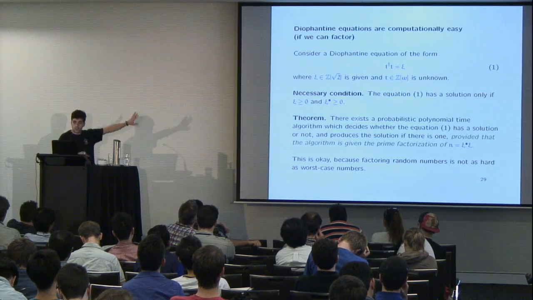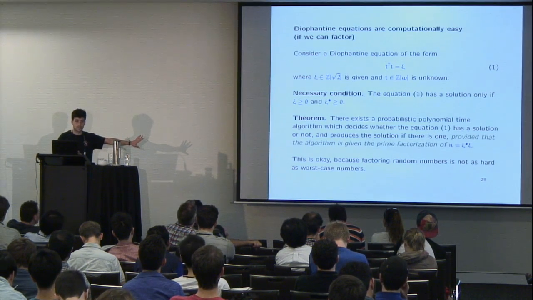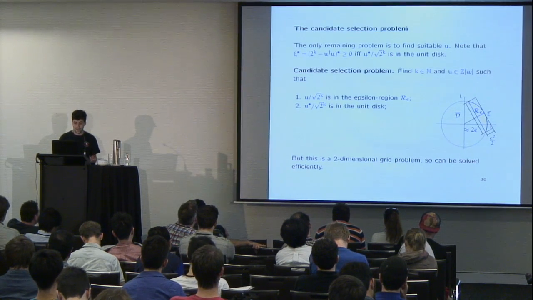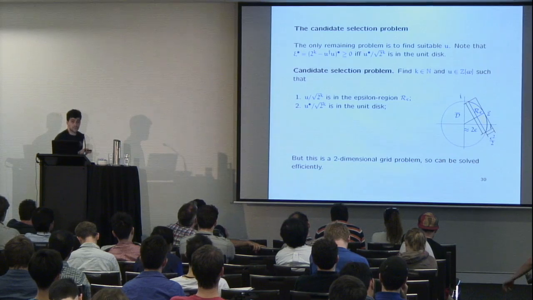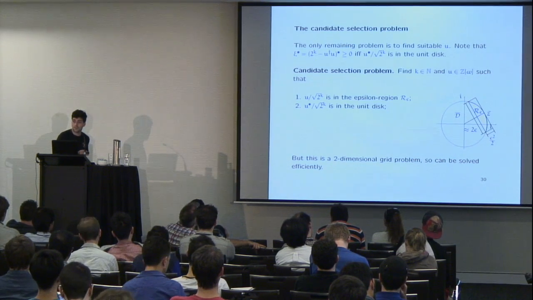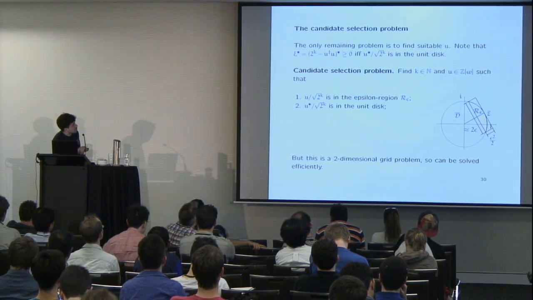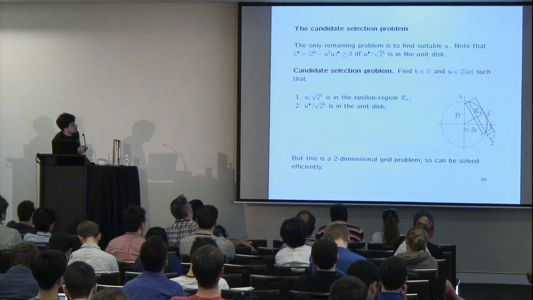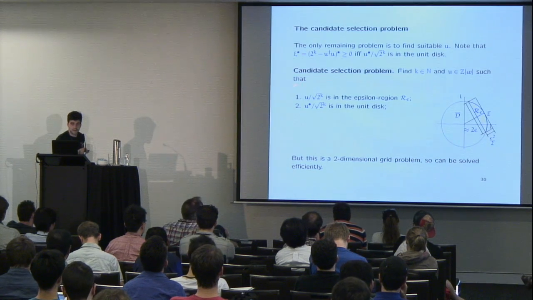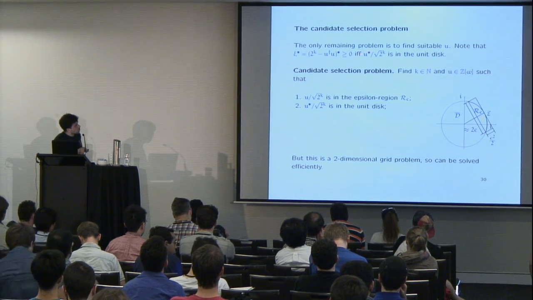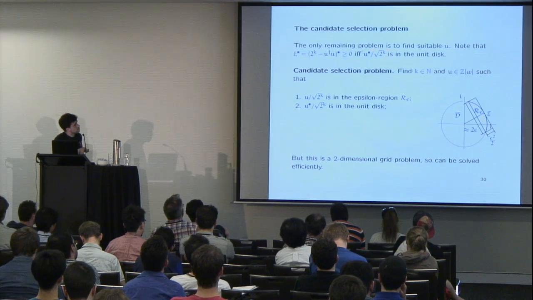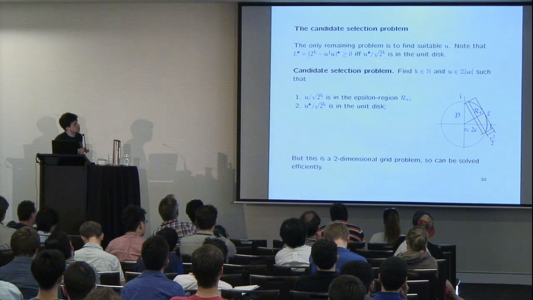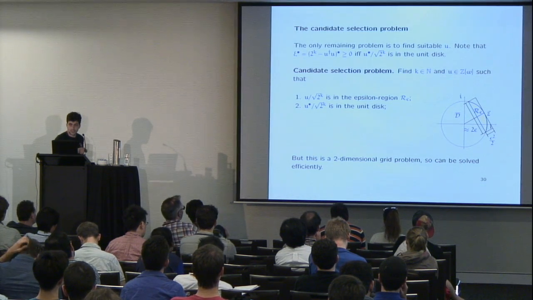Okay, but now, assuming that this part of the problem is taken care of, all that's left is finding candidates. Well, this turns out to be just a two-dimensional grid problem. The necessary condition from the previous slide will hold if and only if, for your candidate, u bullet over square root of 2 to the k is in the unit disk.